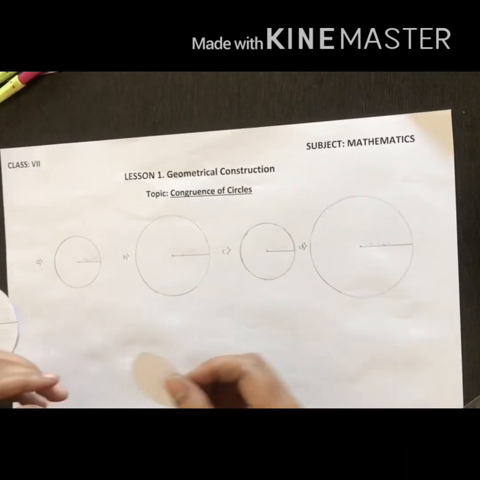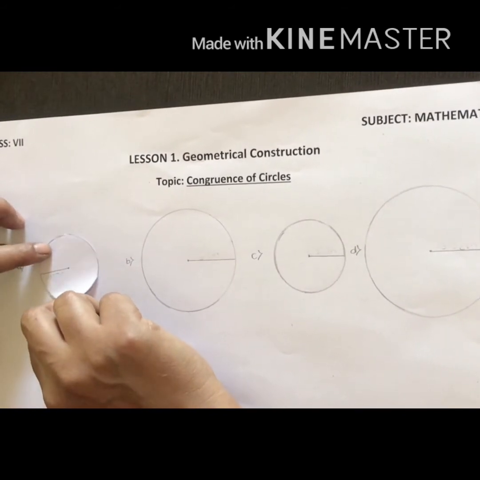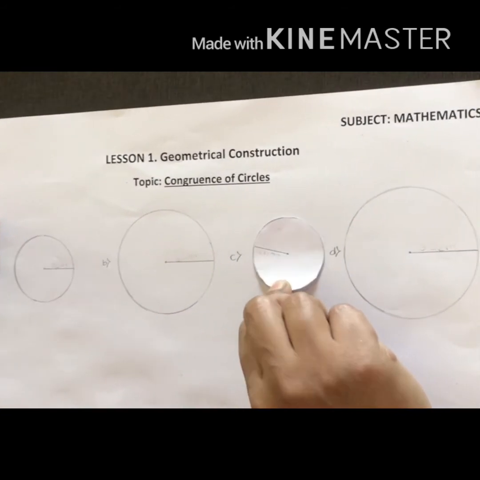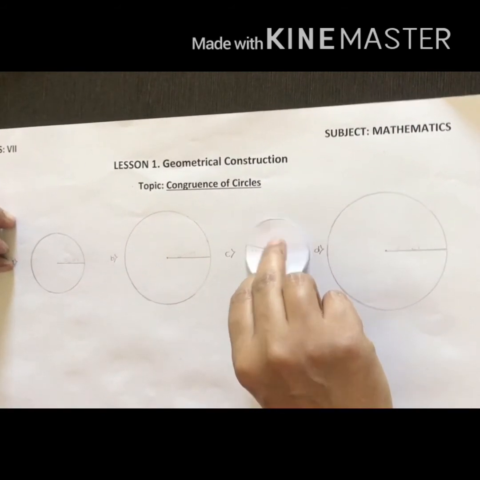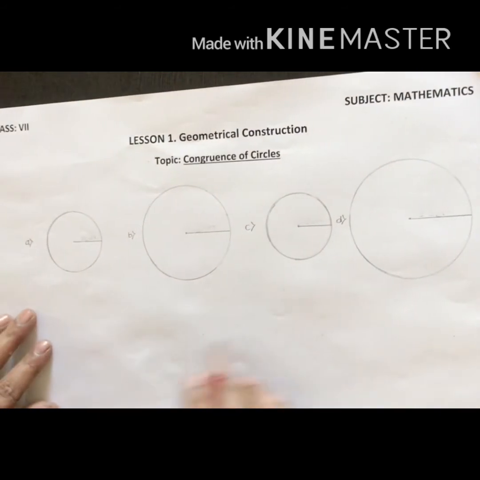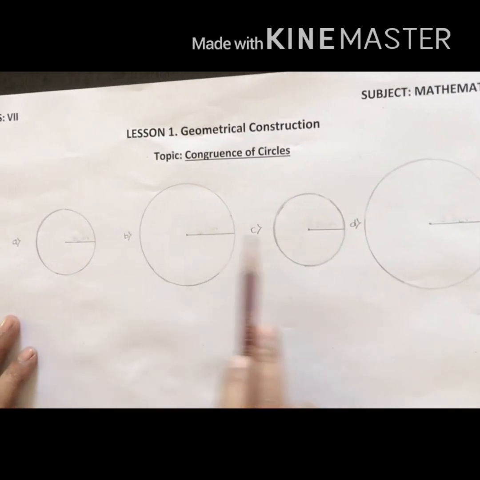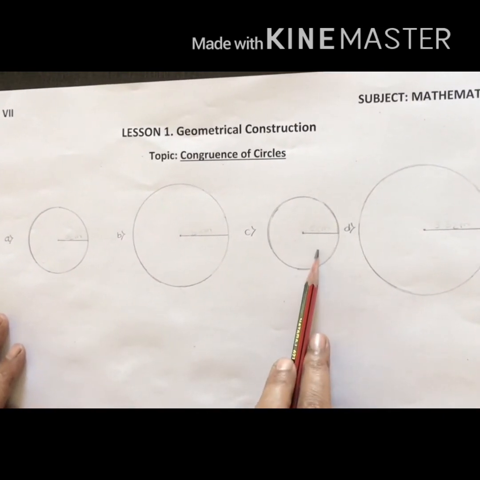So, if you observe properly, you will understand that the first circle and the third circle coincide with each other. So we can say circle A coincides with circle C, so they are congruent to each other.